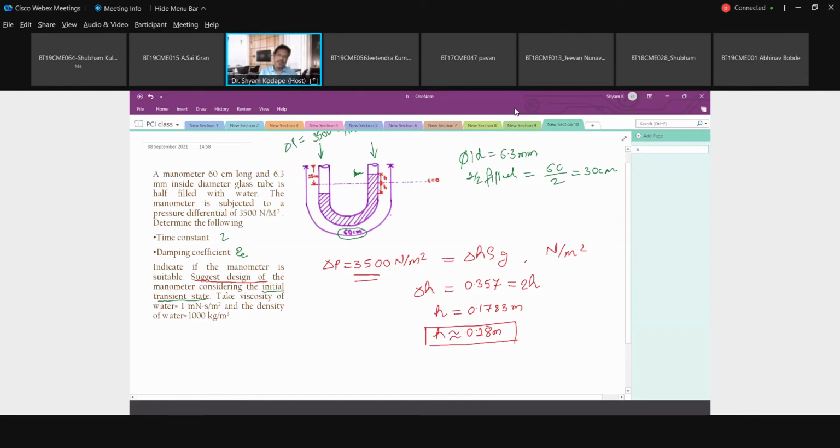Either you increase the length of the tube, first option. Second, you can change the working fluid.